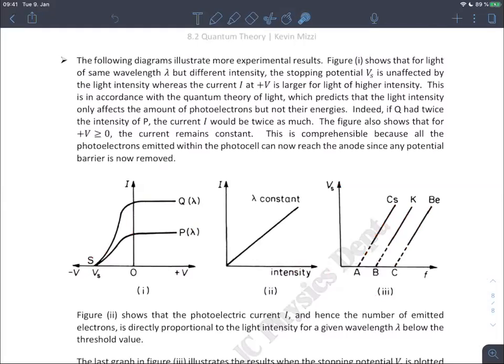It is independent of the metal used. However, we get different x-intercepts since each metal has its own threshold frequency.